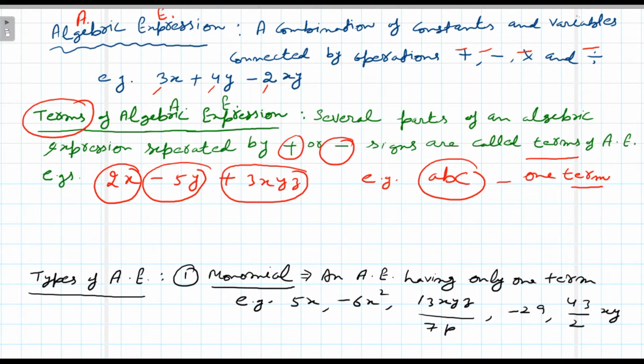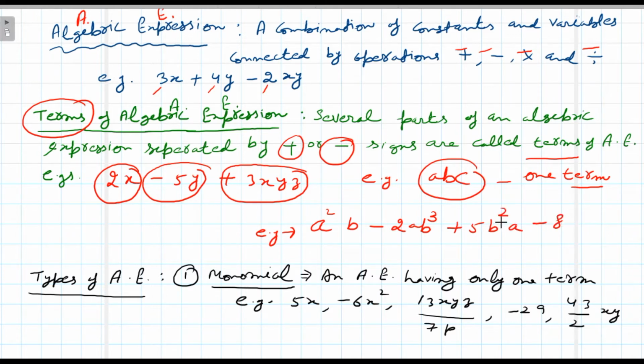If I write another example, A square B minus 2AB cube plus 5B square A minus 8.